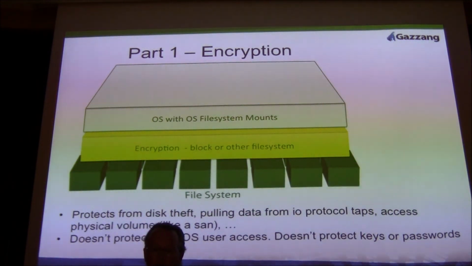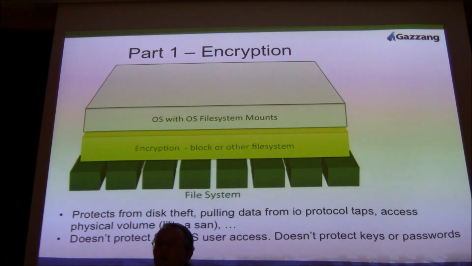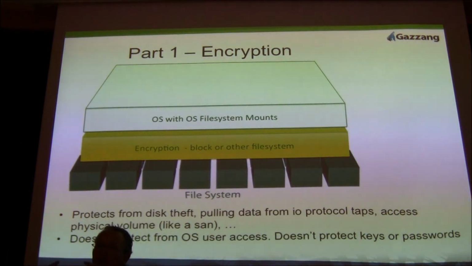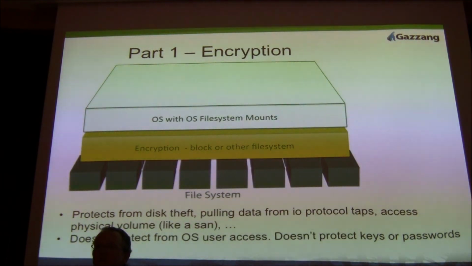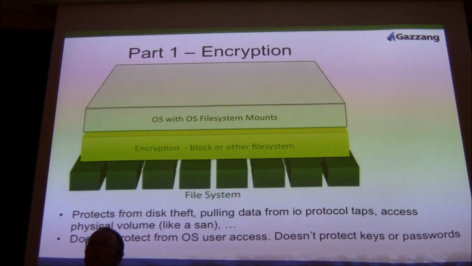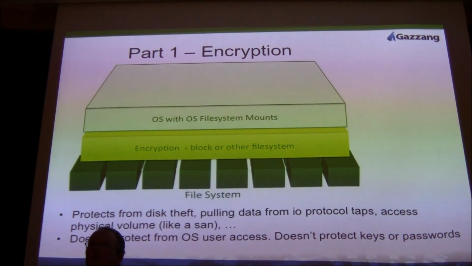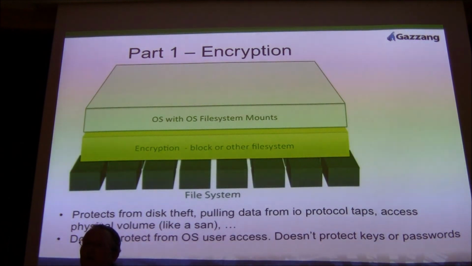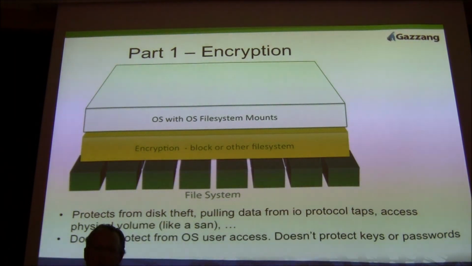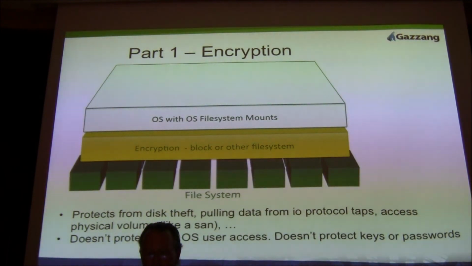But a lot of the methods used out there are down at the disk level, still at the operating system level. Somebody steals a disk, it's junk. But if they get into my OS, if they get into my server, the data's typically there in the file system as regular data. But encrypting it is part of the solution.